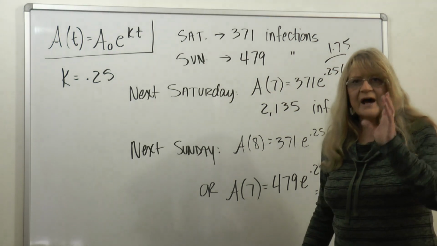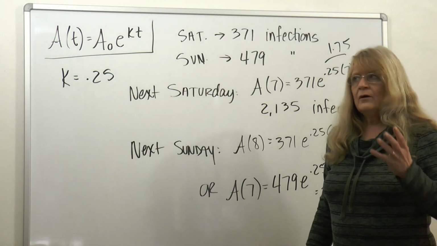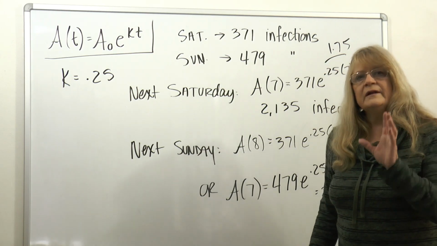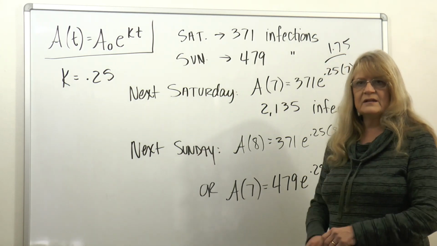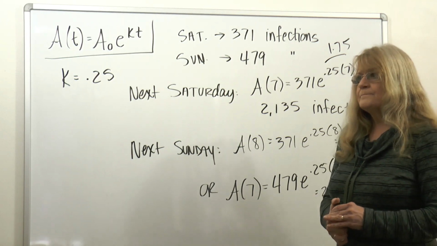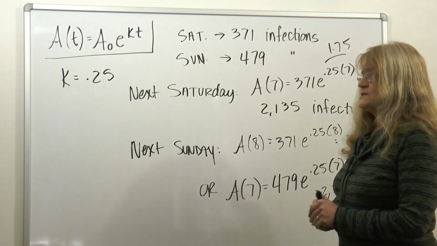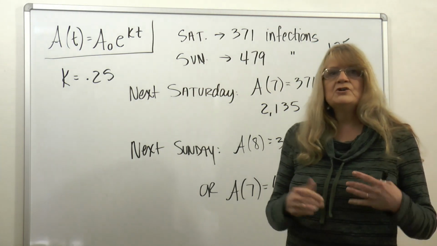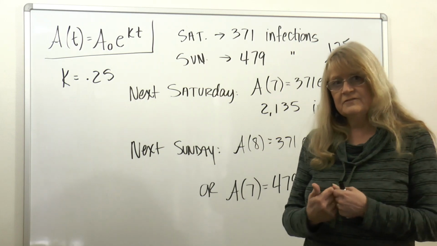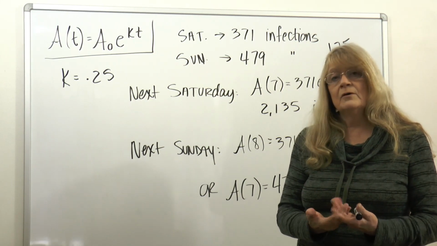There's just one more thing I want to explain about this part. This is based on uninhibited growth, which means there's nothing stopping it. Something that would inhibit growth of an infection like this would obviously be a vaccine. That would be good. Or something that gets you over your infection faster so that you're not contagious for the same period of time. That would inhibit growth.